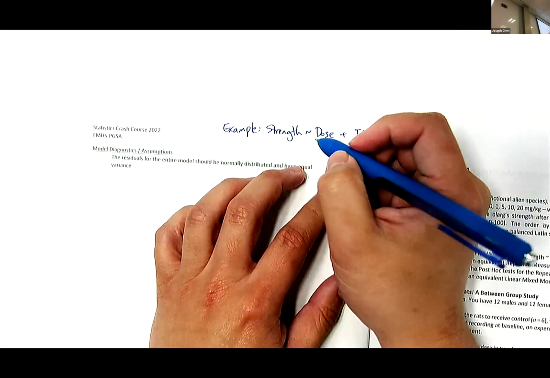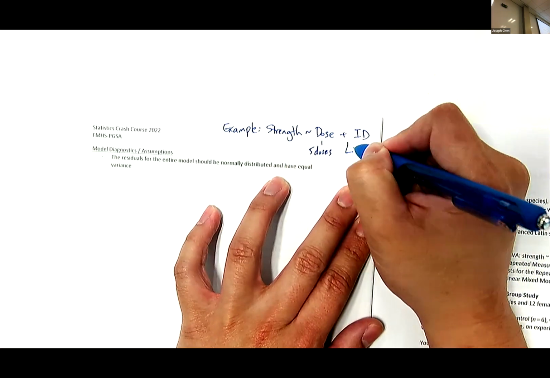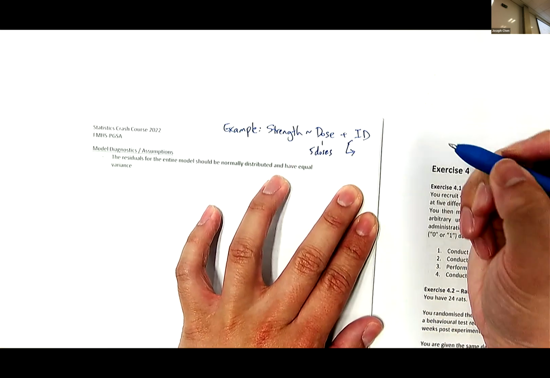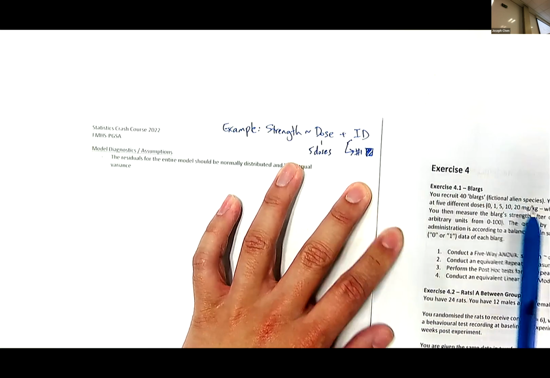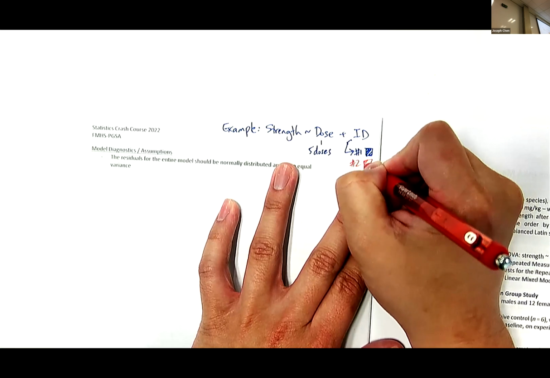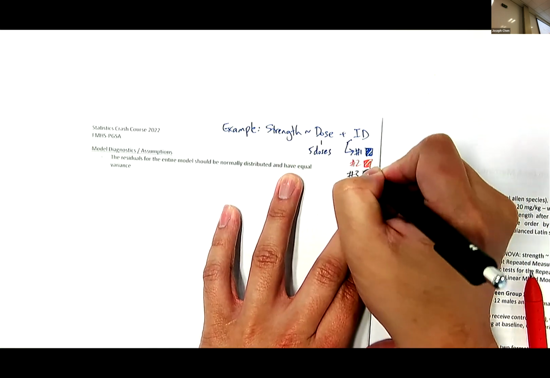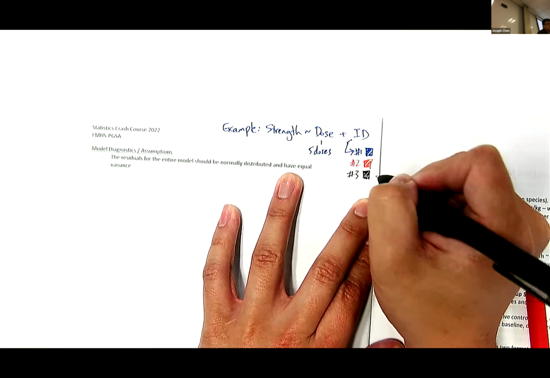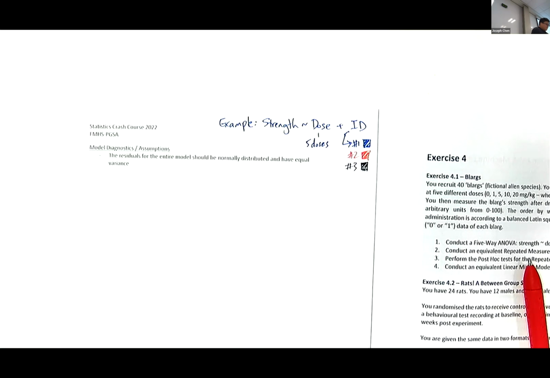So dose has 5 doses, whereas ID has person number 1, which I'll write in blue, person number 2, which I'll write in red, and then person number 3, which I'll write in black.